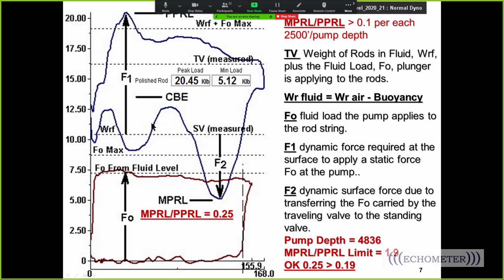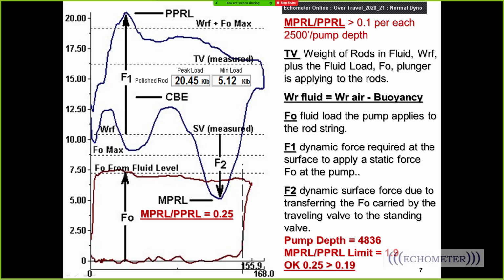Now, I've labeled this force 1 as the force required to pick up the pump load on the upstroke, and the acceleration force 2, which is created by releasing the pump load on the downstroke. And this load range is the difference.